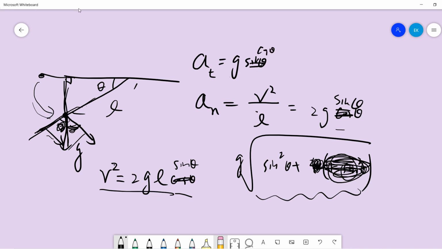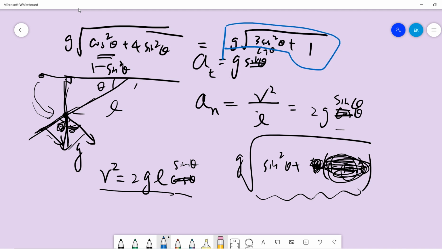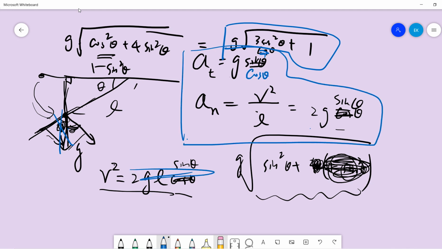So all you have is g times cosine squared plus 4 sine squared, which can be written with cosine squared as 1 minus sine squared. So you have g times the square root of 3 sine squared plus 1. So this is the answer. I apologize for my not good writing. Basically, the g cosine is the tangential term, and the 2g sine theta is the normal term.